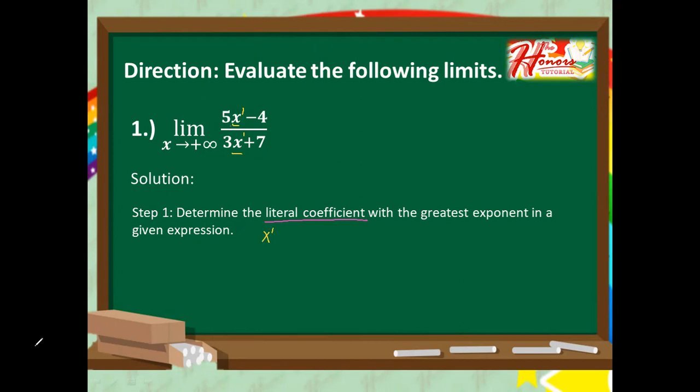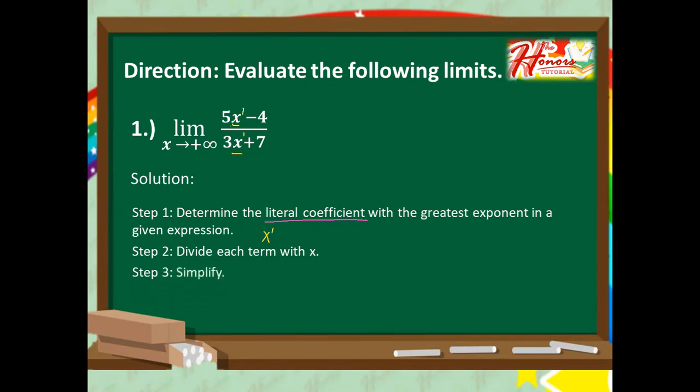Next, step 2. Divide each term with x. Why with x? Because x is the literal coefficient that we chose earlier. Later, I will show you how we are going to do step 2.